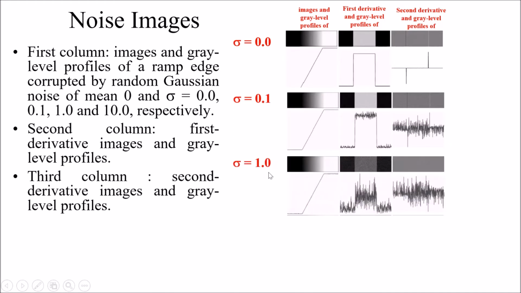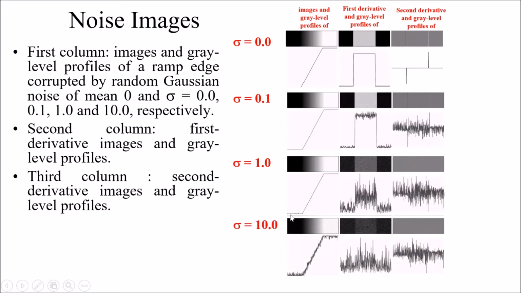If we increase the noise level more, in this case for the first derivative it is also quite hard to determine the distinct point of the edge. For the second derivative it is much worse, in which you cannot find any point that can be utilized as the edge.